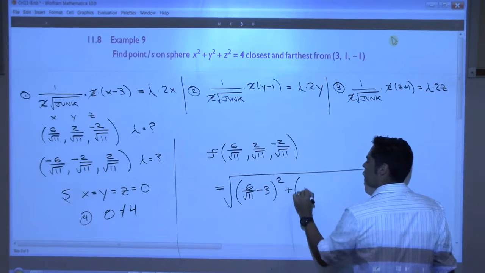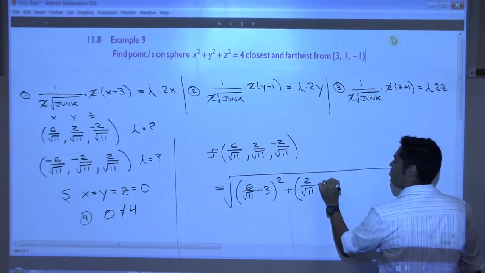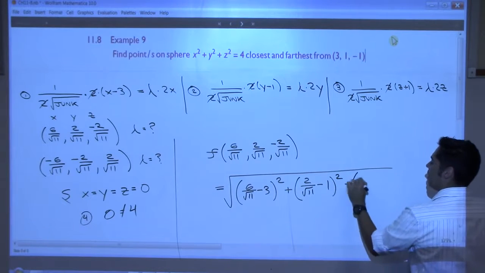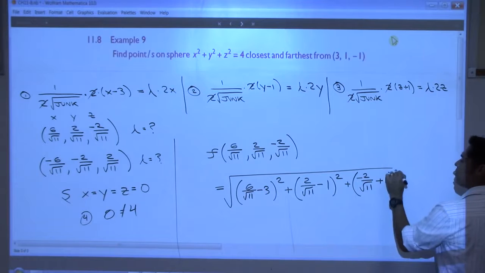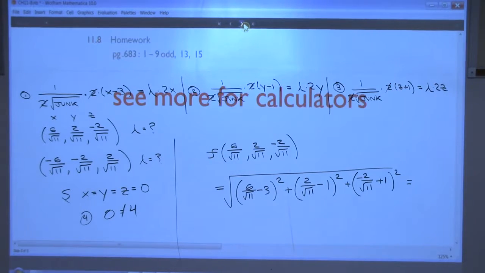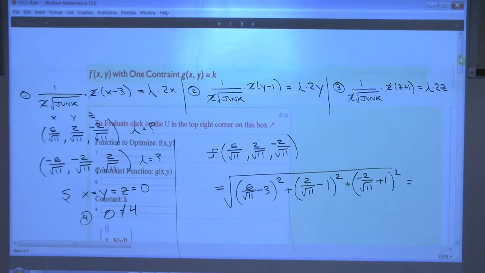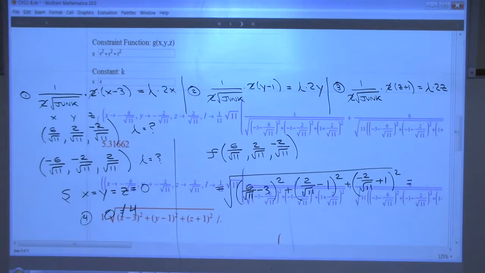Do you understand where I'm putting this? 2 over root 11 minus 1 squared, negative 2 over root 11 plus 1 squared. And then I have to figure out what that is, right? And I'm going to cheat because I don't feel like using my calculator. I believe I already have my computer do this. I thought I did.